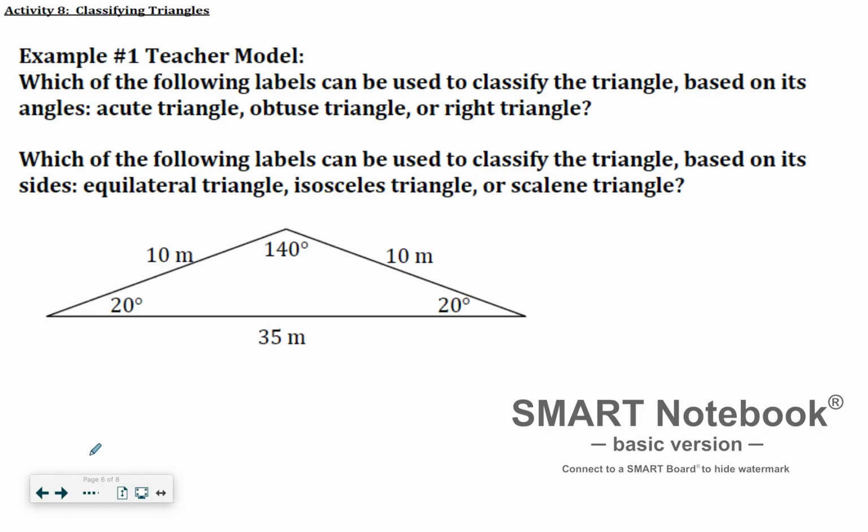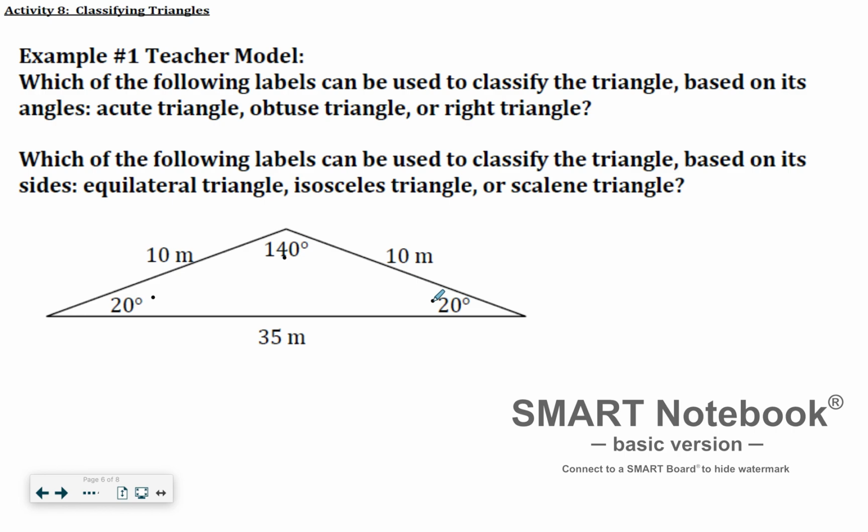Now, teacher model. Which of the following labels can be used to classify the triangle based on its angles? So first we're going to focus on the angles of 20 degrees, 140 degrees, and 20 degrees. And then we're going to look at the side lengths, so 10 meters, and 35 meters. Let's begin by looking at the first question.